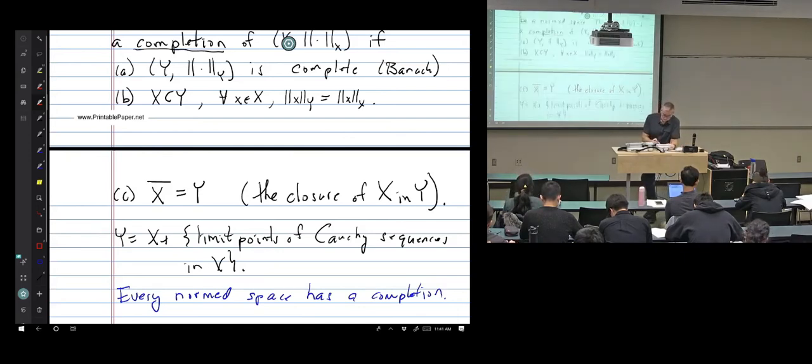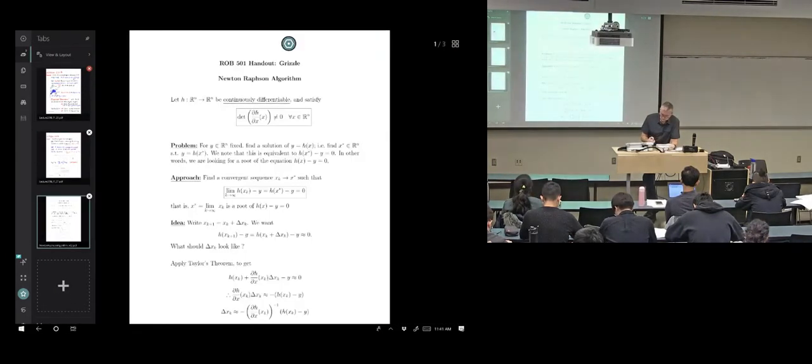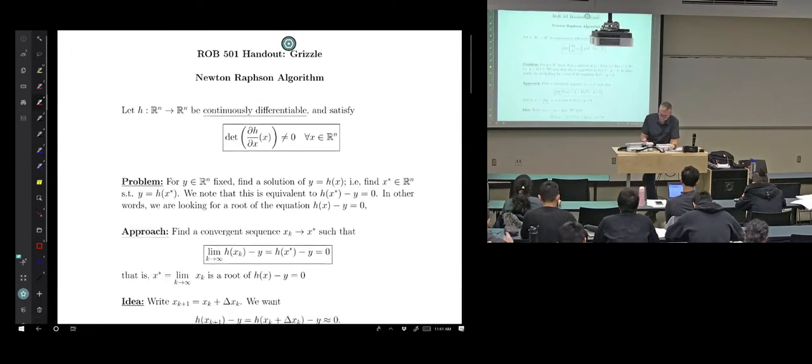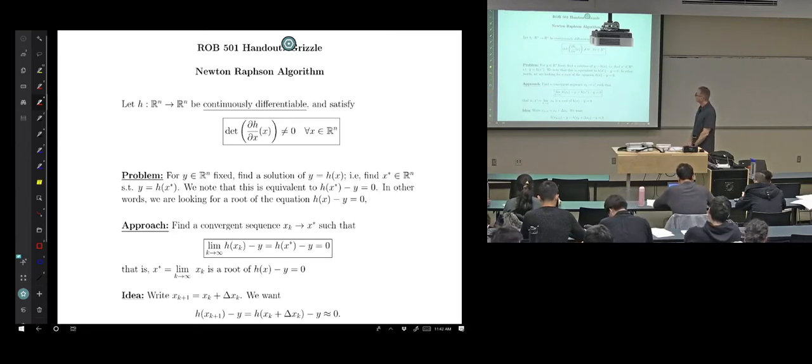Okay, so now that's going to allow us to spend time on algorithms. And so let's just talk about one concretely. Newton-Raphson. So we're looking to find roots of y equals h of x. We're going to suppose the function is reasonably smooth.